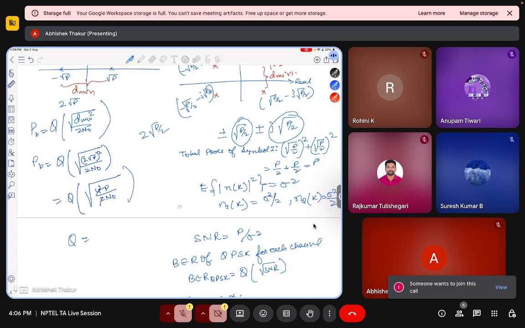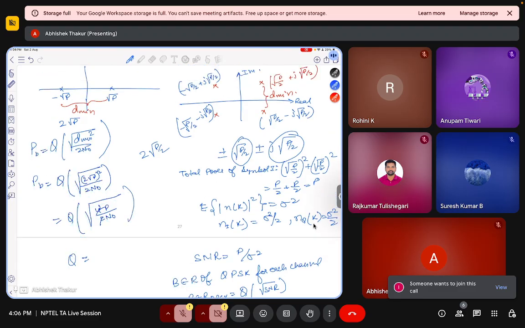I think the 2 is not here. Maybe I am a little confused with this formula, but it is directly d min squared by N naught, so it will be root Es.